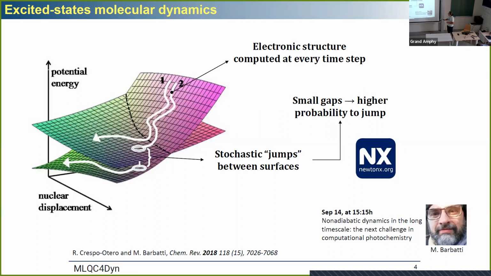Then we have many possibilities to go from one surface to the other. You may jump at some point, but you can still continue on the same surface. And again, our problem here is to understand what is the characteristic of the molecule along each one of these paths, or extract some of the important coordinates of the molecule along this trajectory.